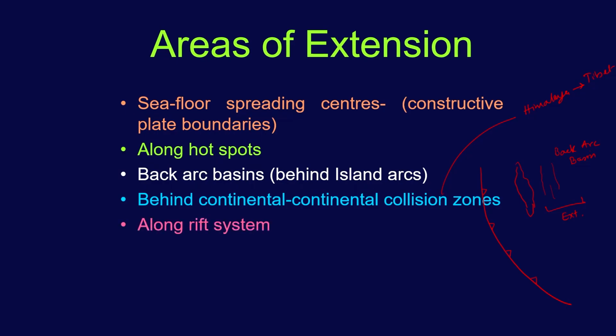Then along the rift, we also discussed the East African Rift Valley, and at the subduction zone also you will see an extension, where one plate is subducting below, and slight extension you will be able to see over there. So, these are the locations where on a larger scale we will see the extension going on.